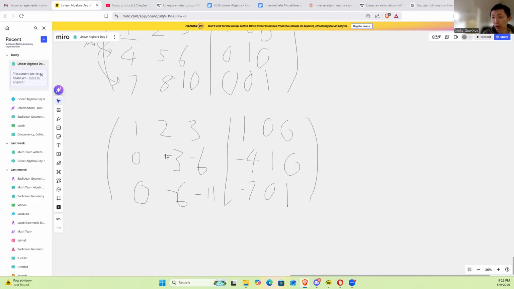Now we look at the second row. We use this as our pivot and we try to make everything below it 0. So we can multiply this by -2 and add it to the third row.